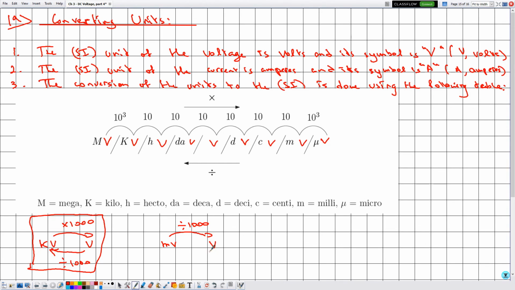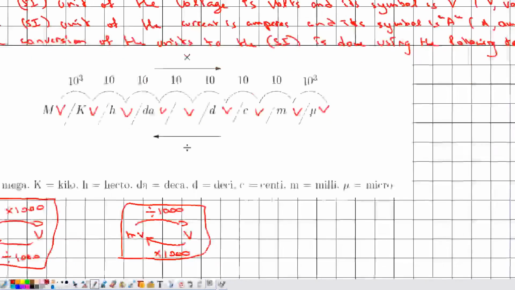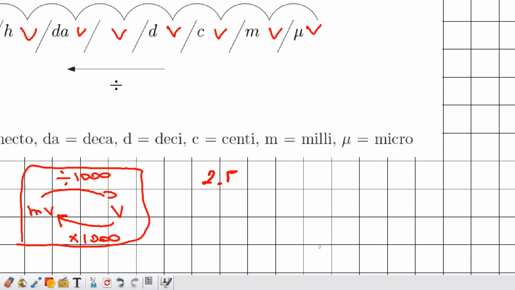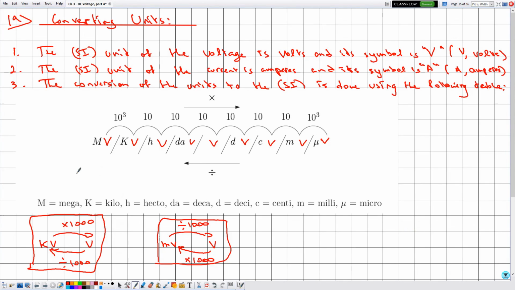And in order to convert from volts to millivolts, we multiply by 1000. So for example, if given 2.5 kilovolts required to be converted to the SI, so 2.5 multiplied by 1000, then this is given by 250 volts. Okay, so now we have extracted these two conversions by labeling this table in terms of V.